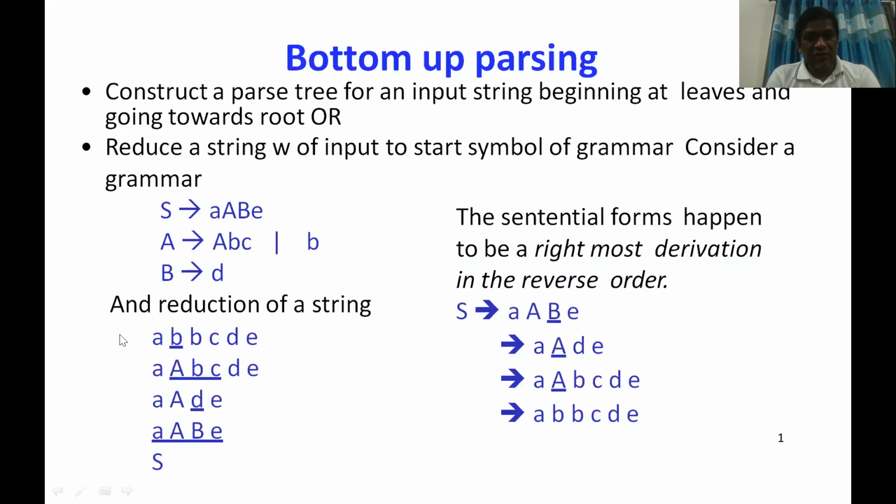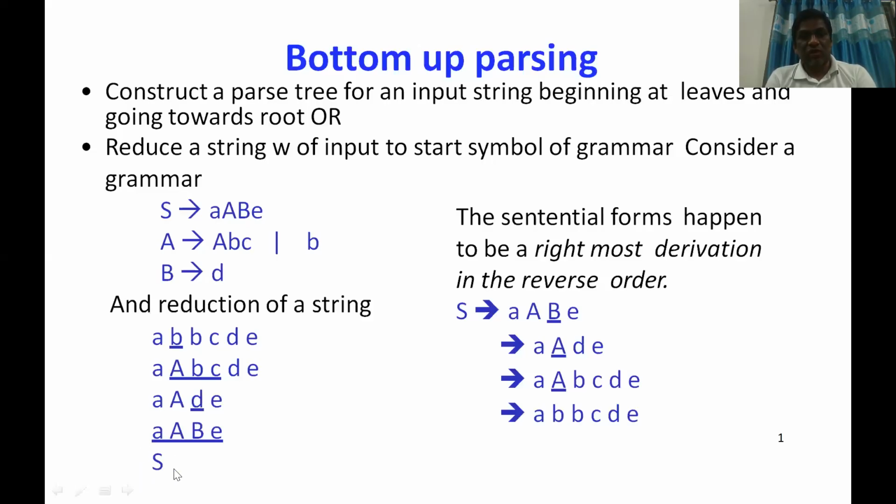So starting with the input string, if you can derive the start symbol or start variable of the corresponding grammar, it means the corresponding string is part of the language represented by this grammar. So this is how it works. Bottom-up parsing always works like this. It begins with the string and derives the start symbol of the grammar.